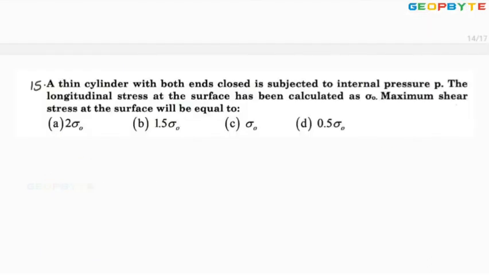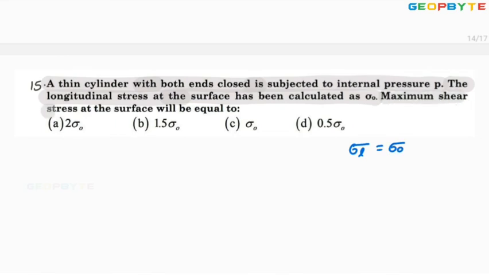Look at the problem. A thin cylinder with both ends closed is subjected to internal pressure P. The longitudinal stress at the surface has been calculated as sigma naught. Here longitudinal stress equals sigma naught.